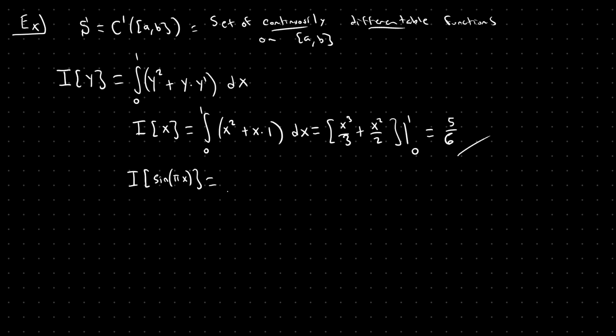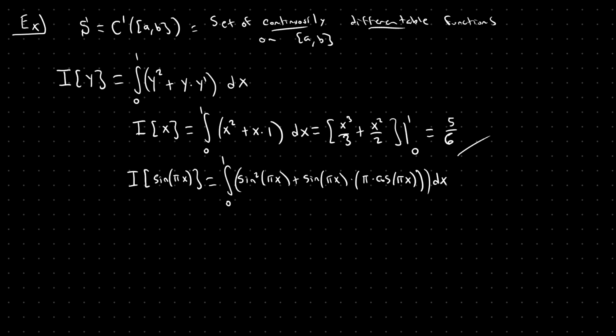this is going to be the integral from 0 to 1 of sine squared of pi x plus sine of pi x times the derivative of sine of pi x, which is pi times cosine of pi x dx.